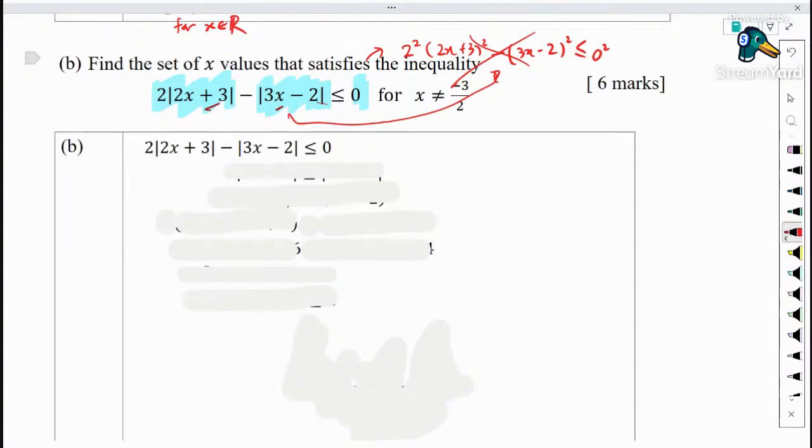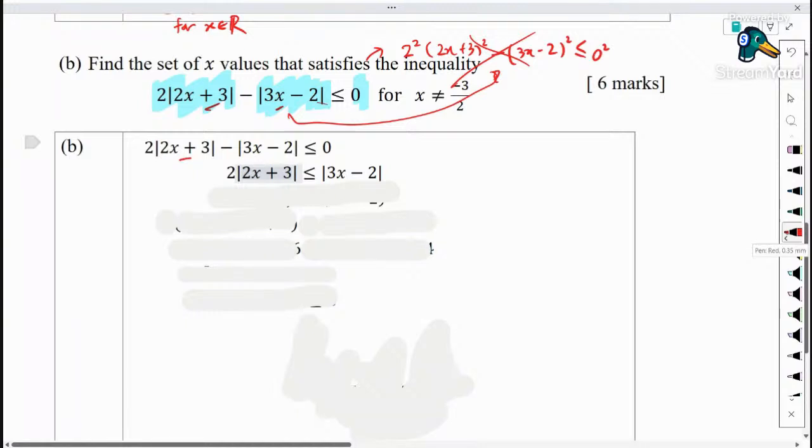In this case, when you have two different modulus terms, we rearrange it so that there is one modulus on each side, then only we start to square both sides.